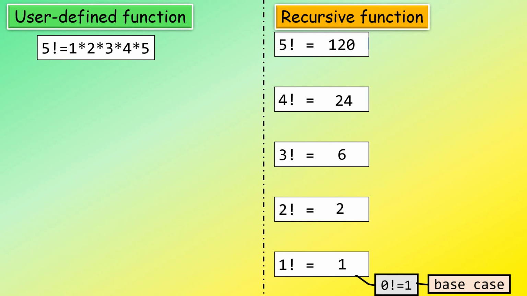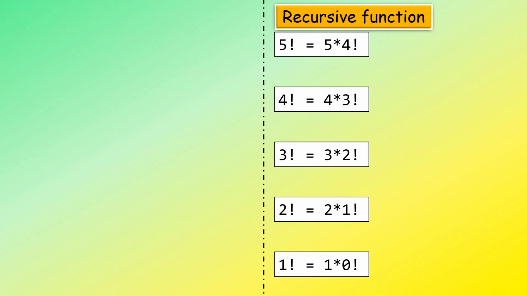So in the recursive function, there are two important steps. One is the recursive step, and at the last is the base case. This recursive step has to be repeated again and again until you hit the base case.